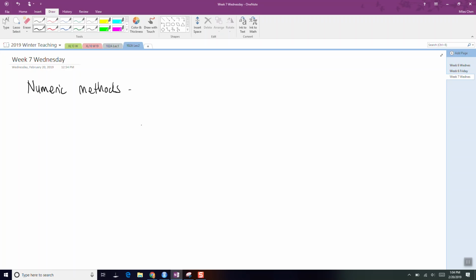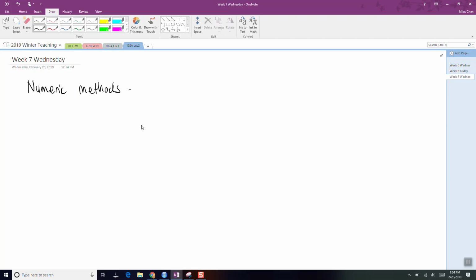So what a numeric method will do is it will be a set of instructions, an algorithm, that takes advantage of what the computer can do. The computer is able to add numbers together, it's able to multiply, it's able to do computations very quickly. So we can use the strength of the computer, which is solving these computations, for solving algebraic type problems.